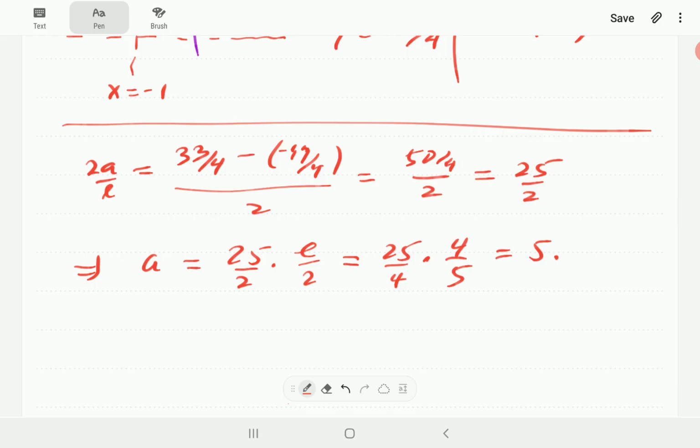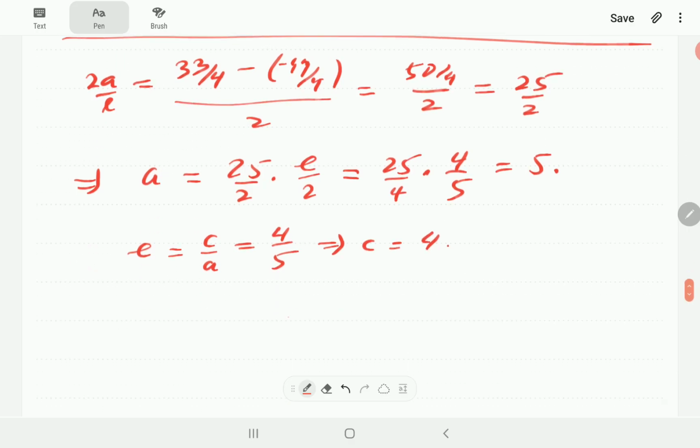We've got A now and we've got the eccentricity, so we can find C, because the eccentricity is C over A. The eccentricity is 4 over 5 and A is 5, so C here is going to be 4.